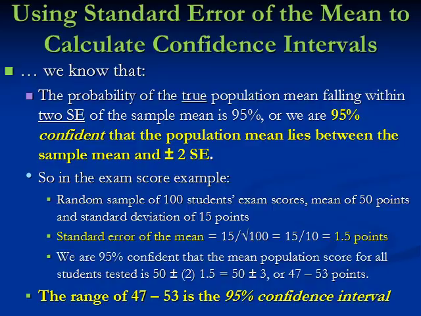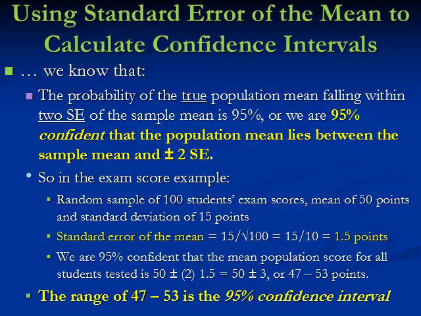If we do that, the probability of the true population mean falling within 2 standard errors of the sample mean goes way up to 95%. Or in terms of confidence interval, we are 95% confident that the population mean lies between the sample mean plus or minus 2 standard errors.